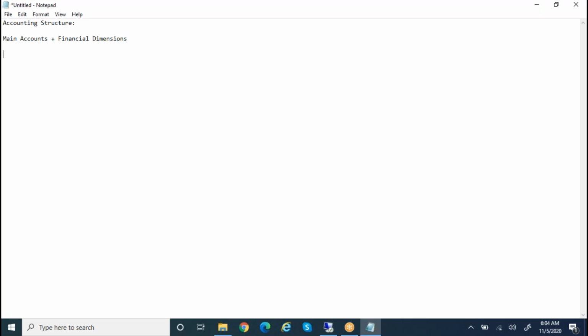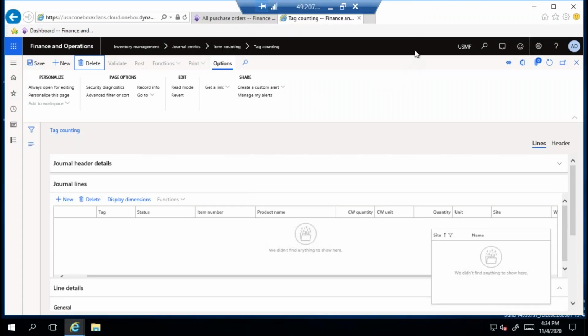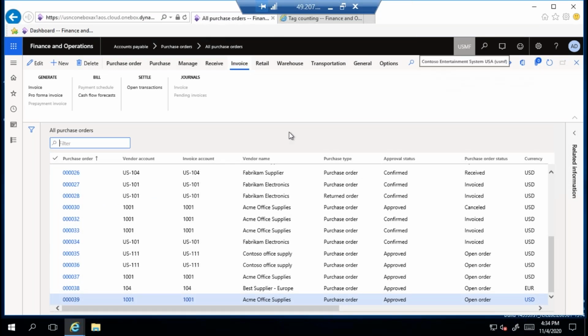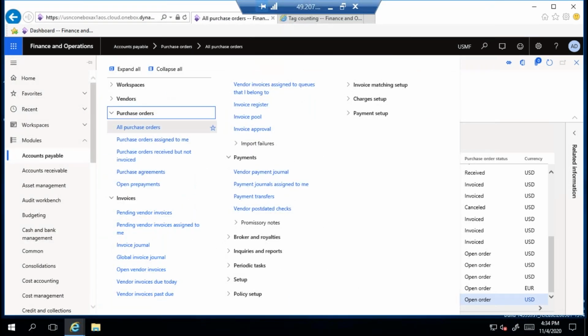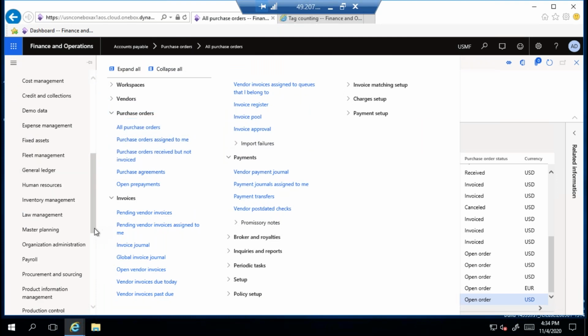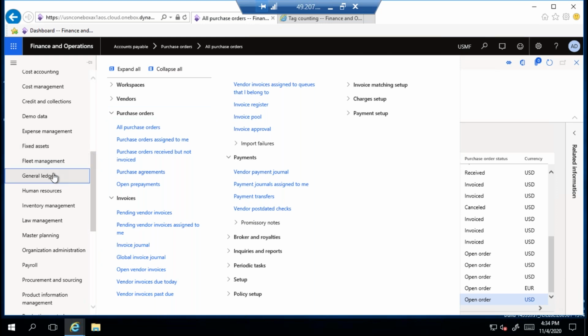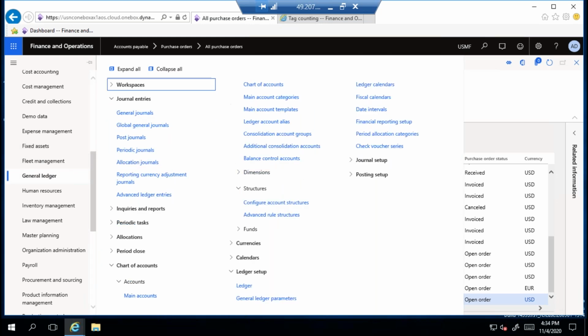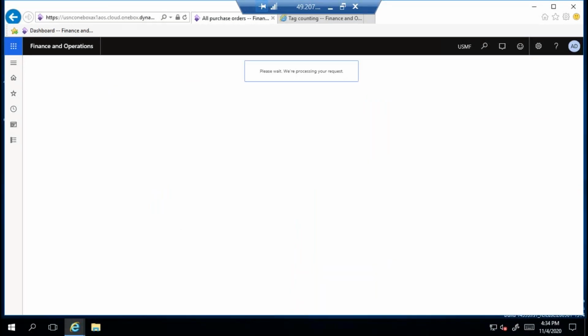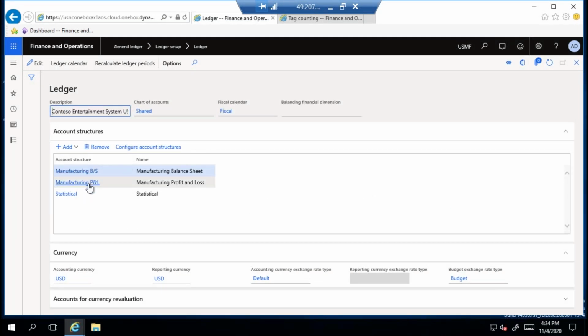Fine. So let me change some accounting structure. For this USMF company, if I go to general ledger, ledger setup, ledger, in this we have three structures.